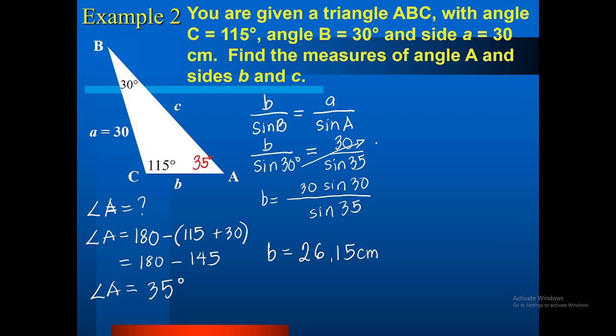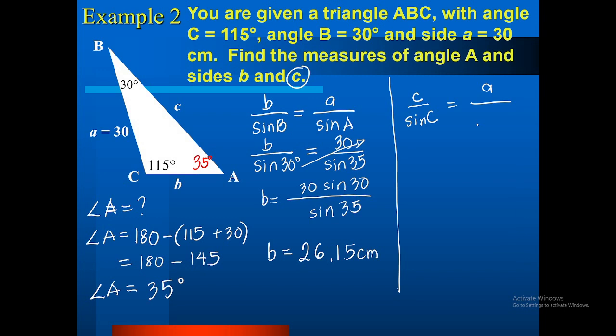So, C is what I am looking for. I'll be using C over sine C, which is equal to, again, A over sine A, the given that has a partner, sine A. So we have here C, that is the unknown.